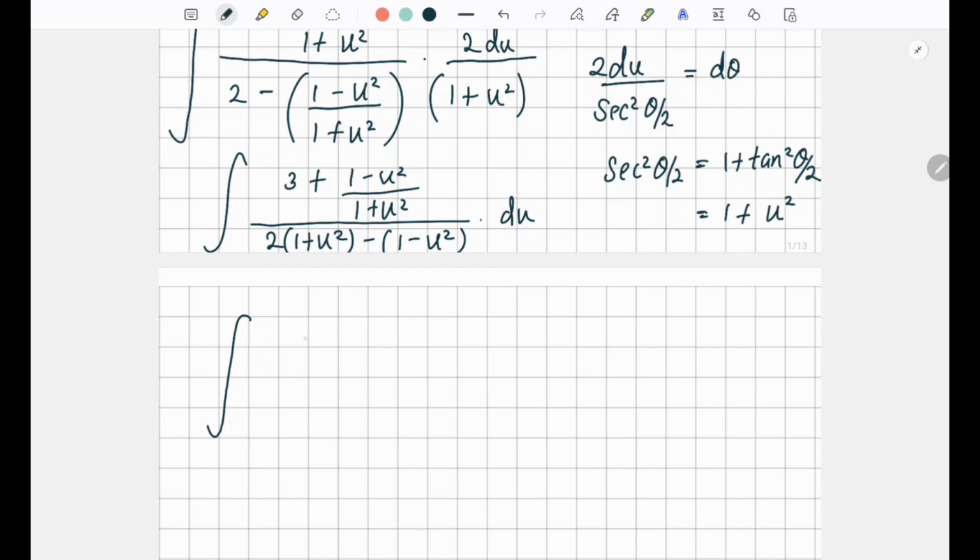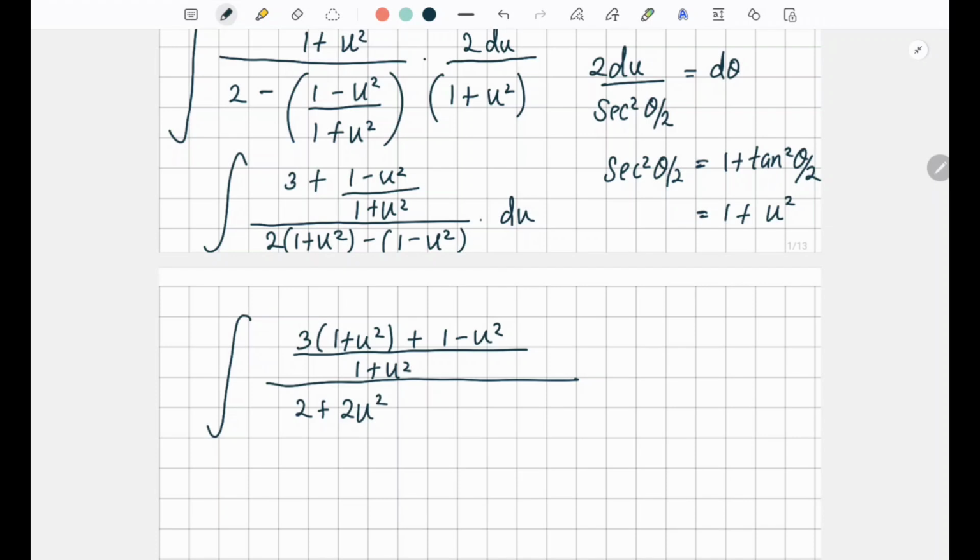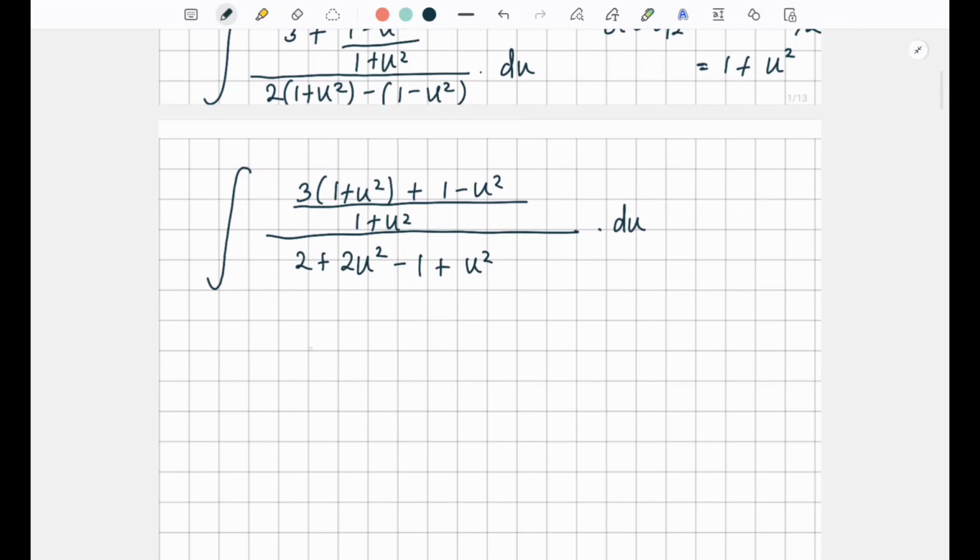So you could do 3 into 1 plus u squared plus 1 minus u squared over 1 plus u squared, over 2 into 2u squared, so 2 plus 2u squared minus 1 plus u squared, dot du. So now let's expand the brackets.